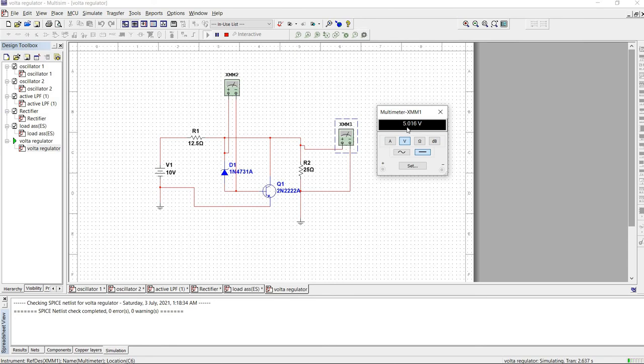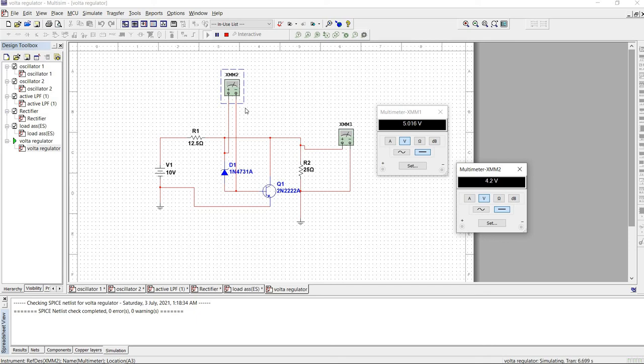you can see my voltage is around 5.016, and my second shows 4.2 volts.